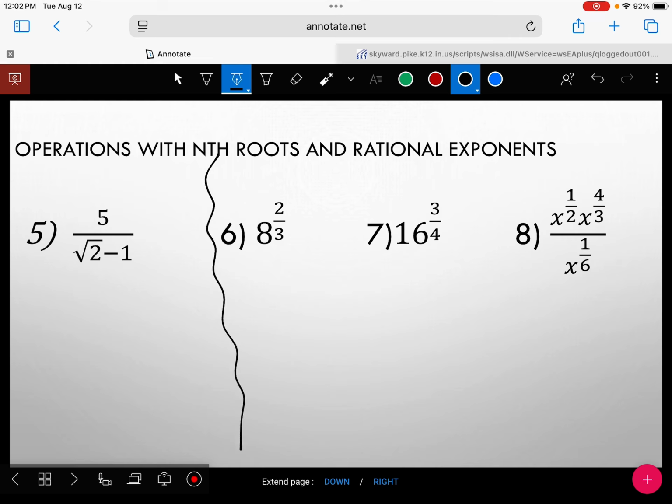So go ahead and copy down number 5, and then that'll be it for today. I am going to have you copy down the other ones, but 5 might take a little bit of space. But as far as today's class, because we have our skills check, we'll stop at 5.